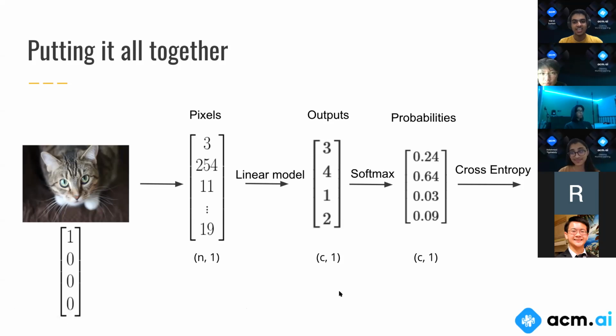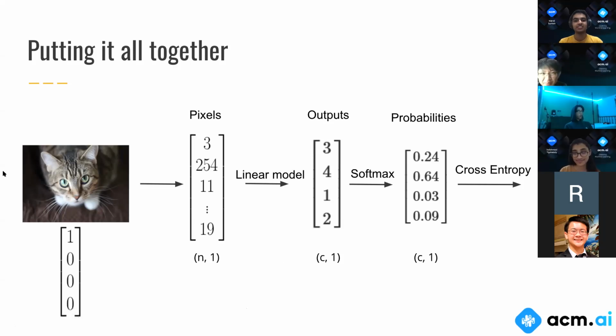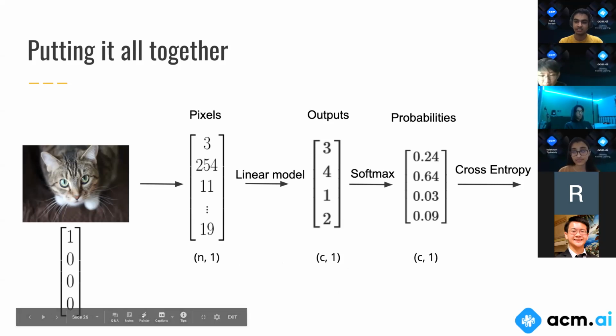I want to ask you guys, what's the dimension of the weight matrix here? If you don't remember off the top of your head, you can think of it as matrix multiplication. So what times n by 1 equals a C by 1?